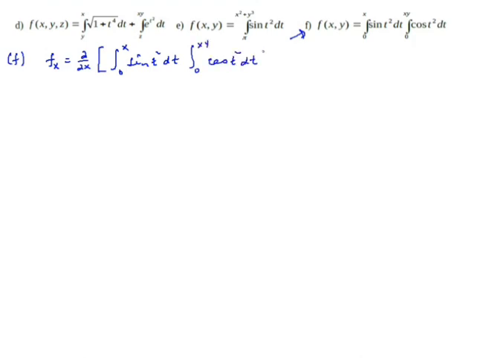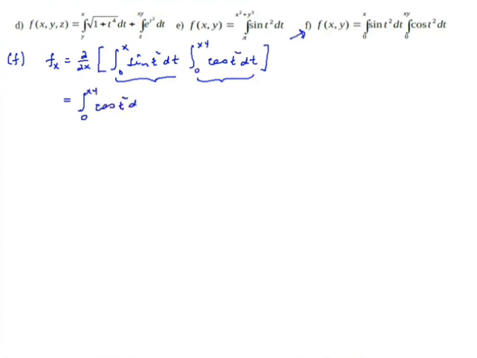So this is the product of two things. Since it is a product of two things, we can use the product rule. We use the product rule and the fundamental theorem of calculus for two variables.